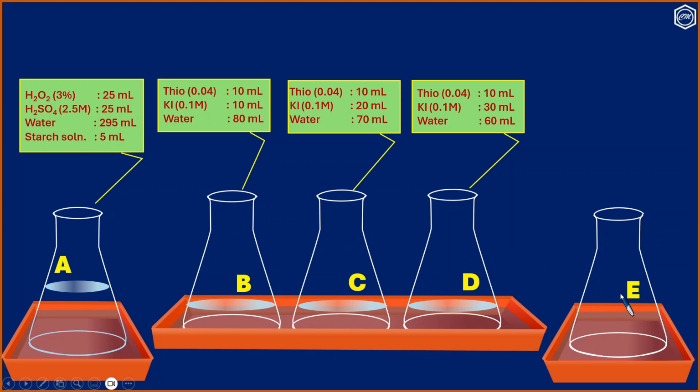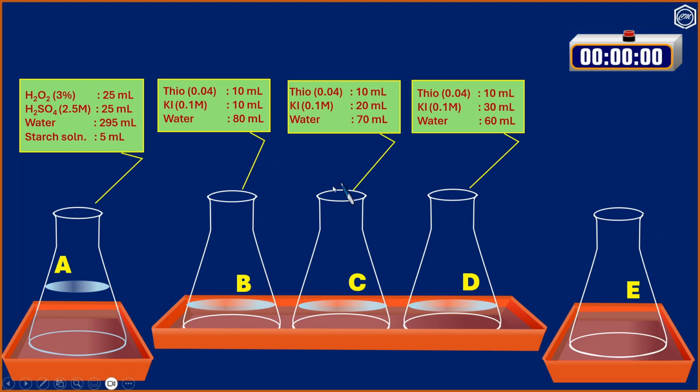Now, take another conical flask labeled E and place it in a water bath maintained at room temperature, and to that we take 25 ml from flask A and 25 ml from flask B, and we need a stopwatch and a stirrer.